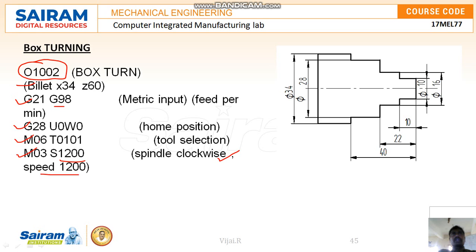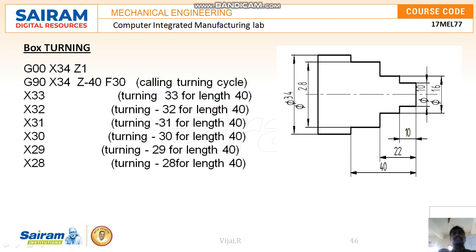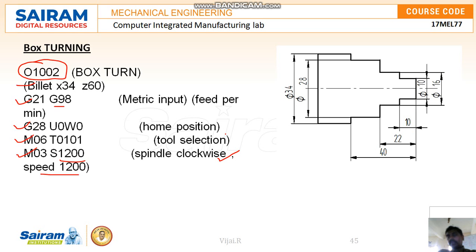Once the header portion is over, we write how the tool has to move. As we said, the tool number 1 is selected and is at the home position, that is G28 U0 W0. There, the tool is ready to move.